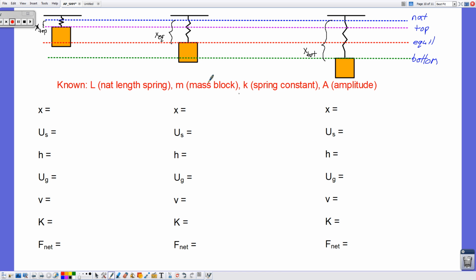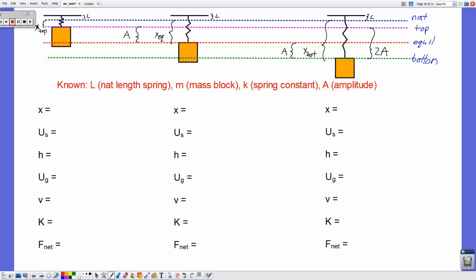Where, of course, that's L. All right, other things we know. Well, we know what this is. That, by definition, is the amplitude. Which means that that is that. And that is all the help that I am giving you.